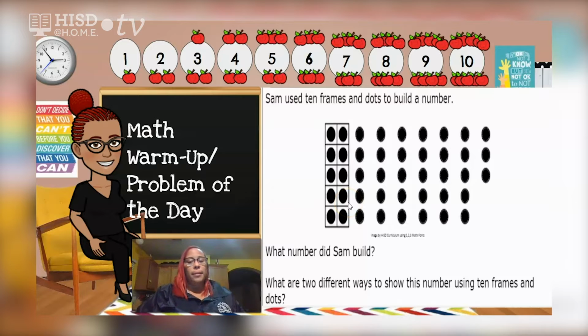So in this problem, it's asking us what number did Sam build? And what are two different ways to show this number using 10 frames and dots? Do you have any suggestions, mathematicians, on how we can solve this? Let's take a closer look at it.